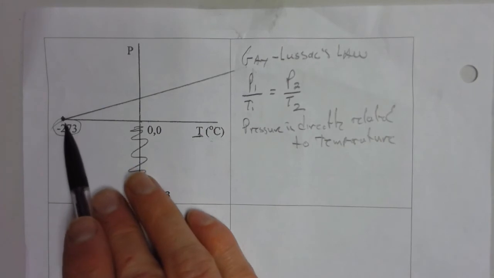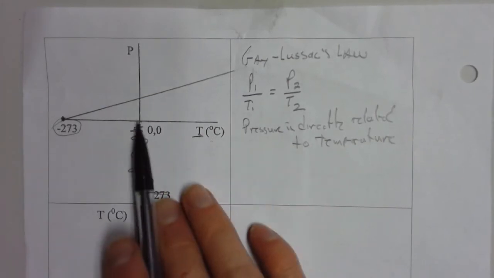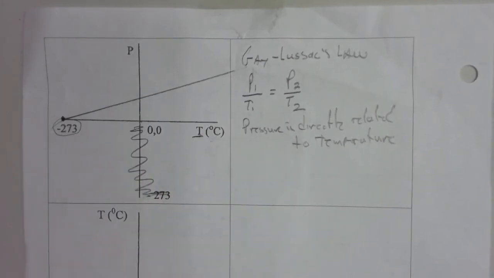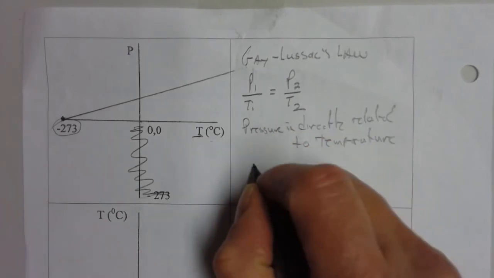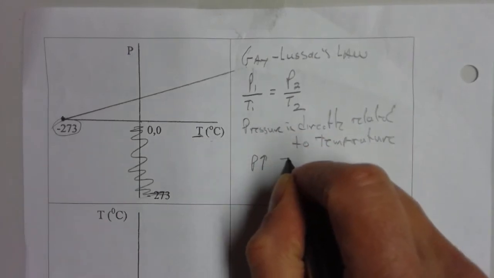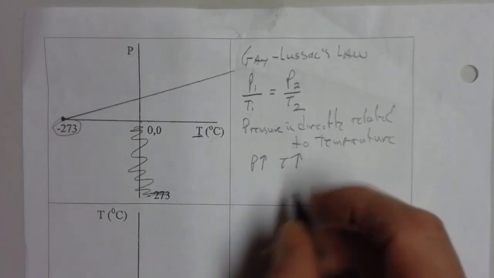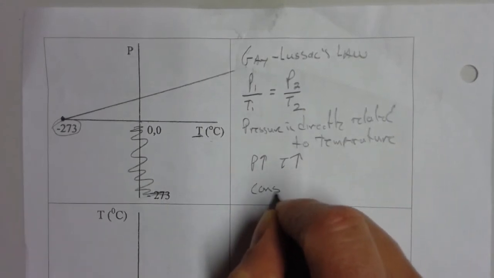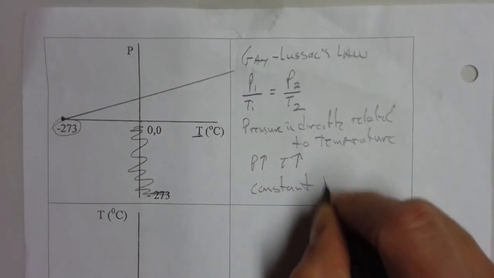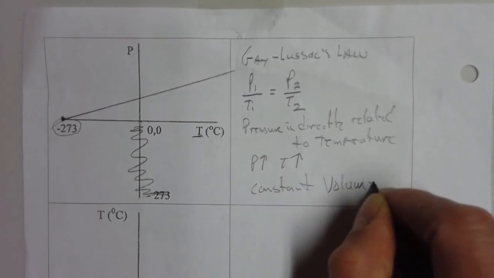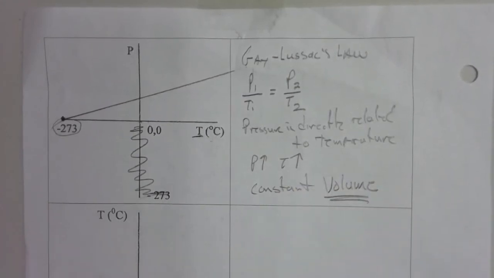However, the minimum temperature is negative 273 when we hit the minimum pressure of 0. As the pressure goes up, the temperature will go up. And again, this will all be for constant volume.